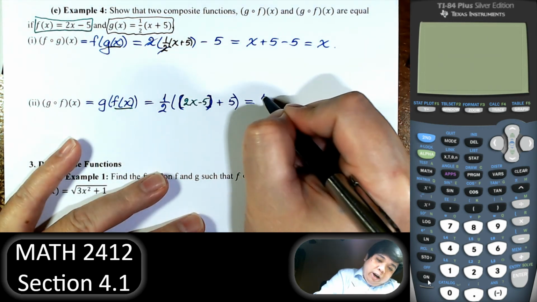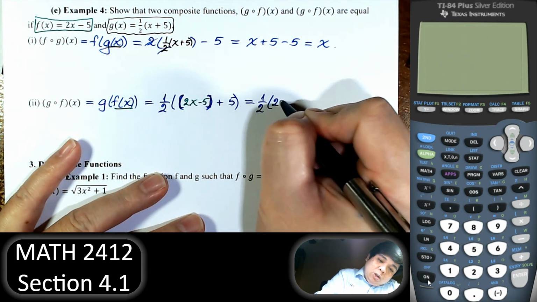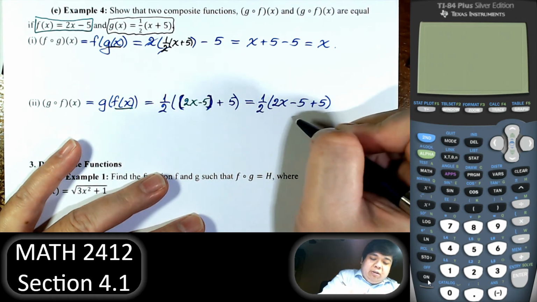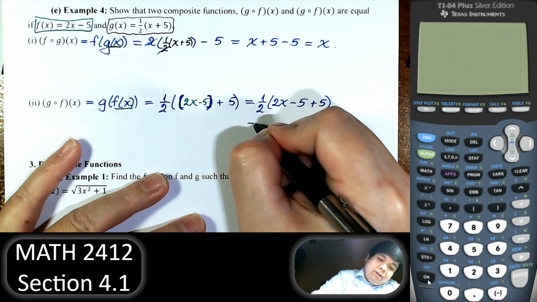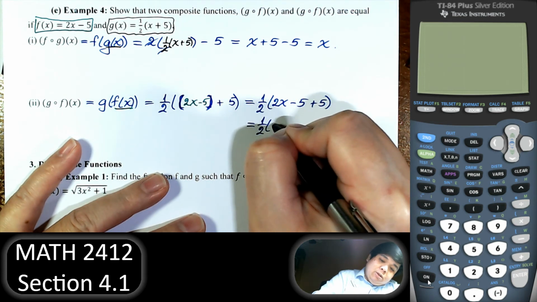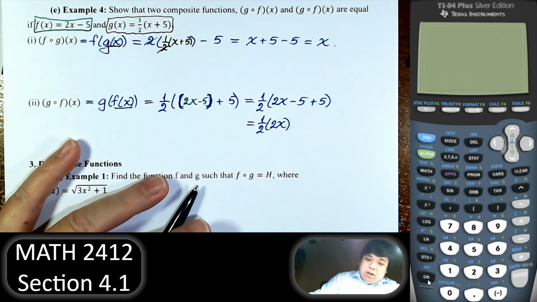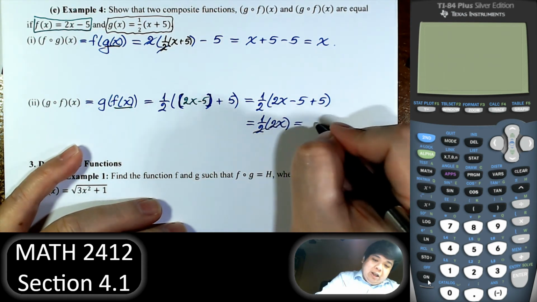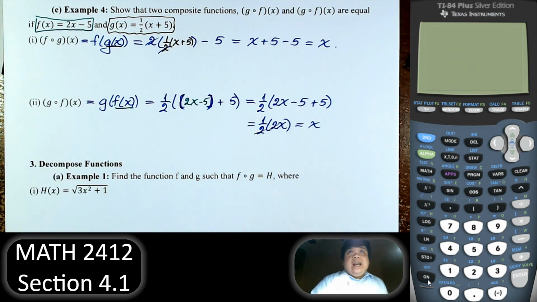So here we have 1/2 times 2x minus 5 plus 5. Negative 5 and 5 cancel out. We have 1/2 times 2x. 2 and 2 cancel out. We have x. And indeed they are the same. In the next section, when this happens, we say f and g are inverses of each other, but that's the next section.